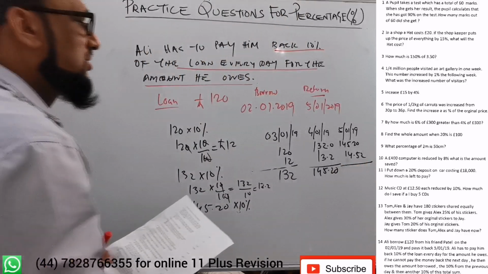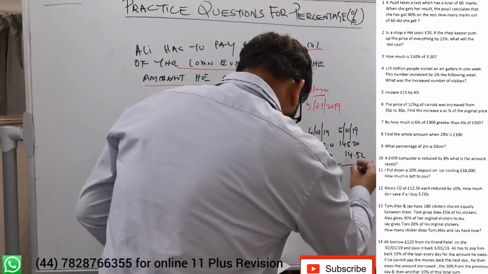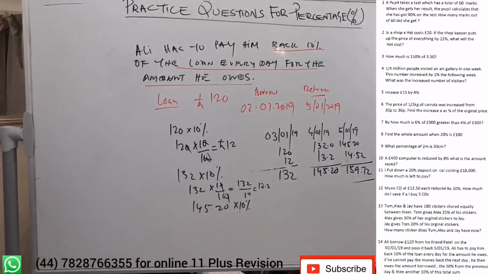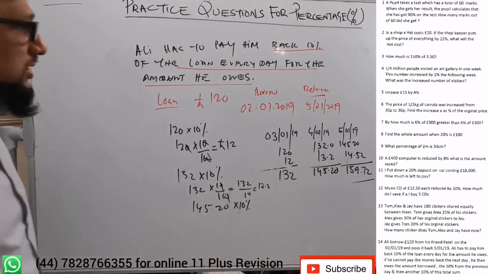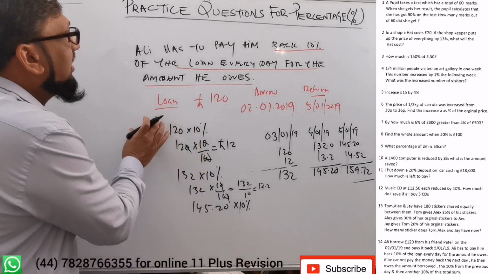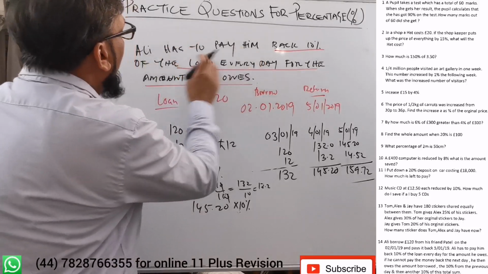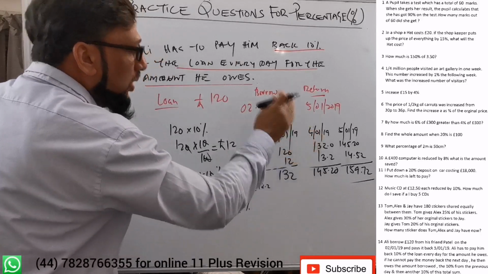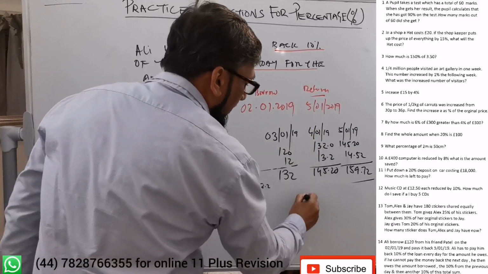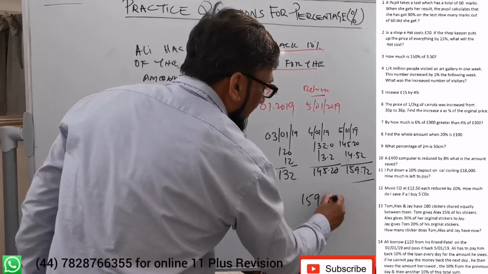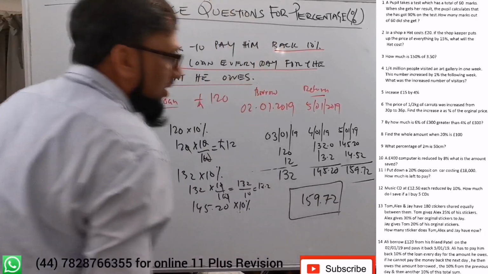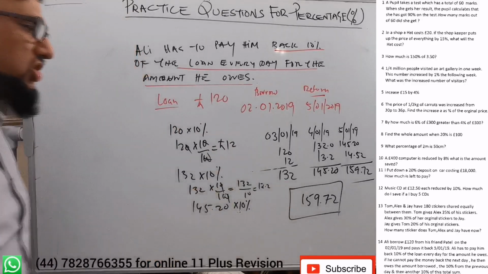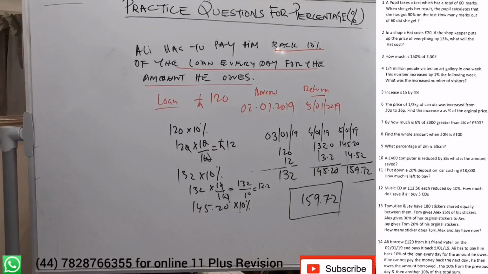So it means the answer will be 159.72. So the money Ali borrowed was 120 pounds, but he returned the loan of 159.72 pounds, including the borrowed money and interest.